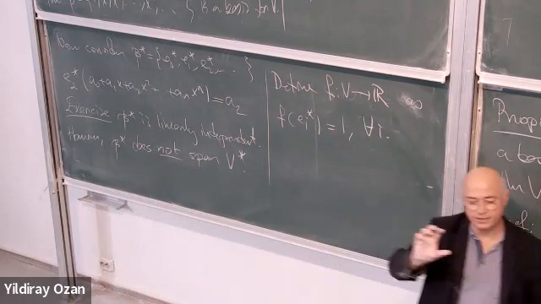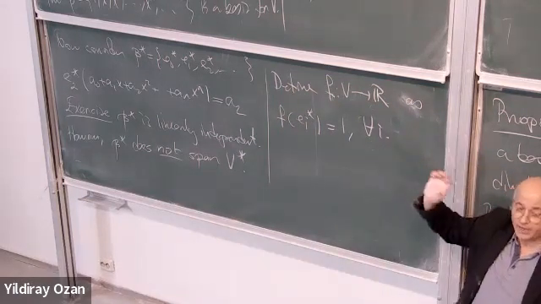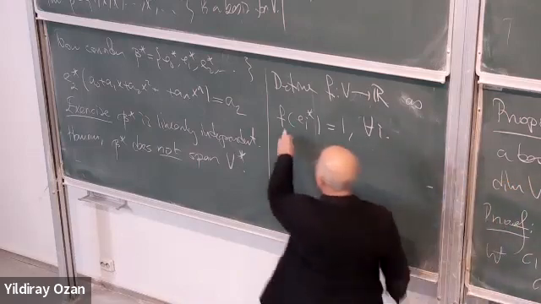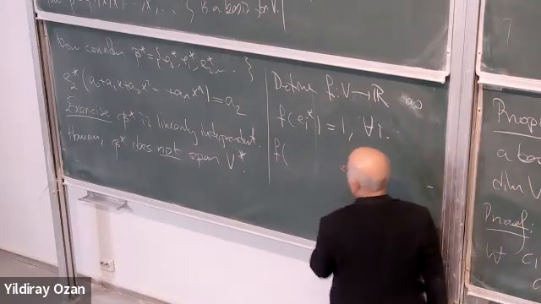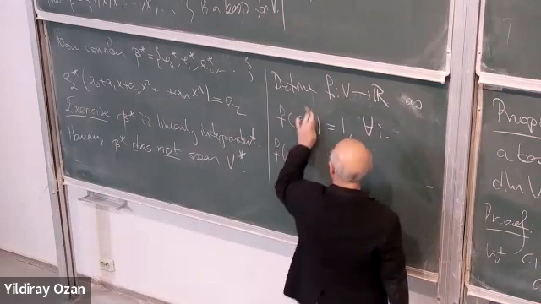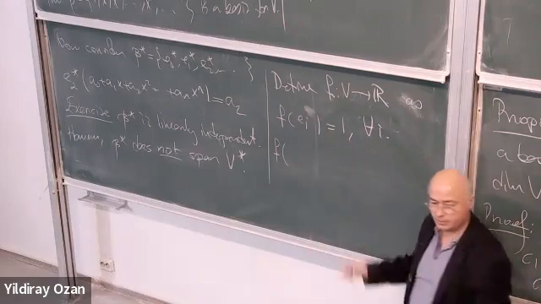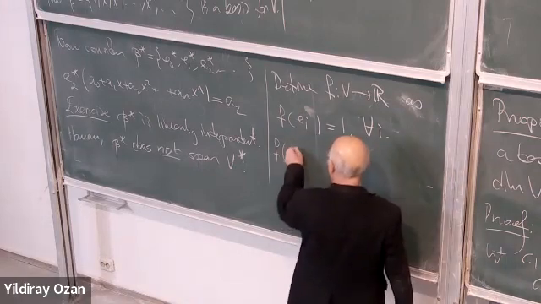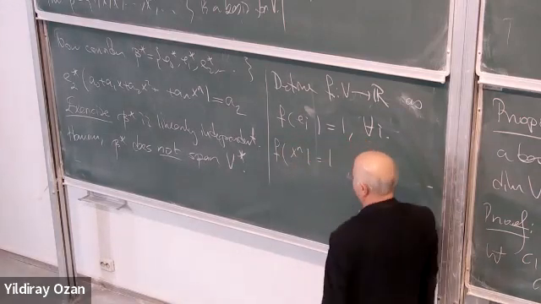It takes all the basis elements to one. So what is the value of this, for example? Oh no, I should write it. In other words, x equals n is just one, right? For all.